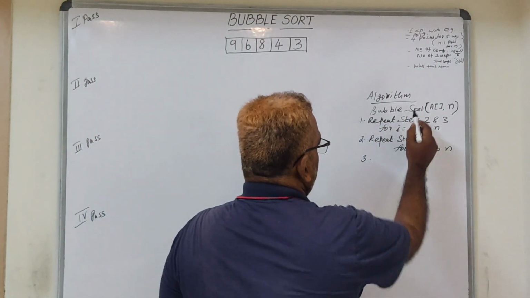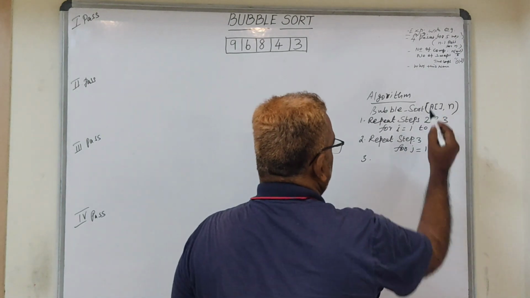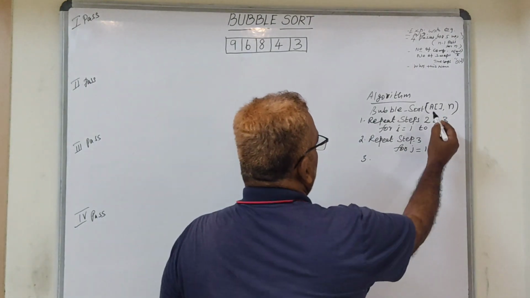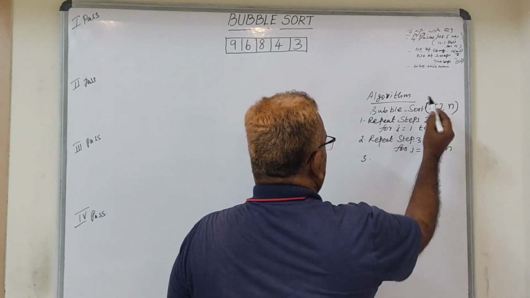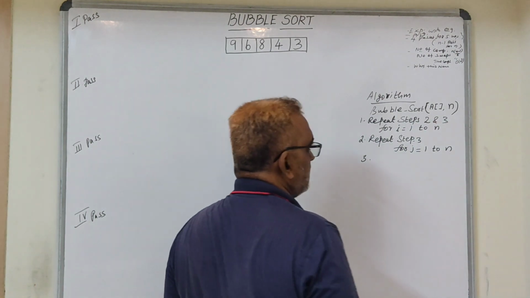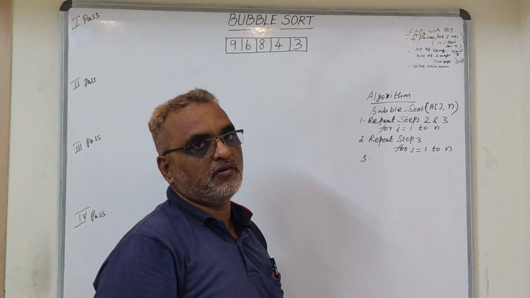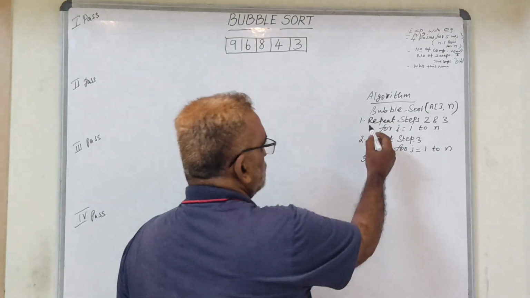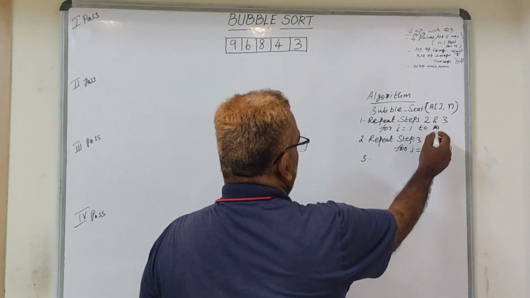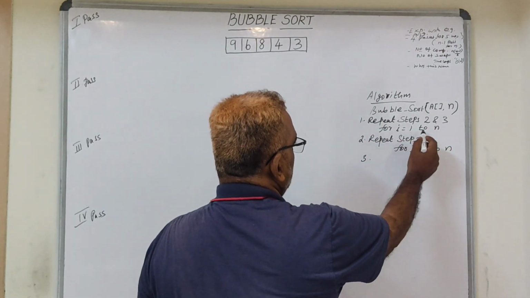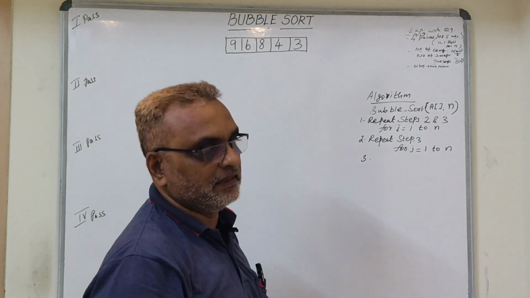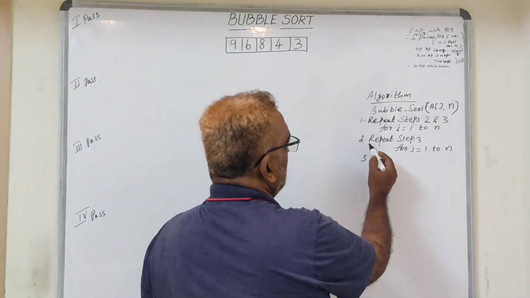The sorting procedure, bubble sort, contains the array of numbers, where n represents the number of elements. Repeat steps 2 and 3 for i equal to 1 to n number of times.